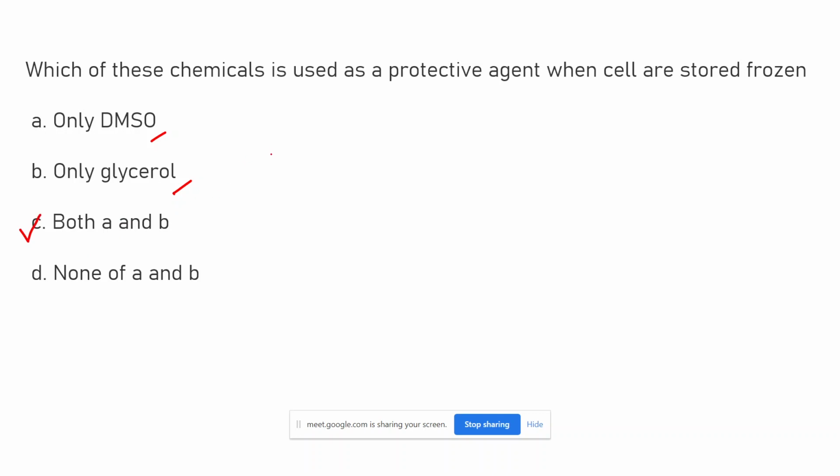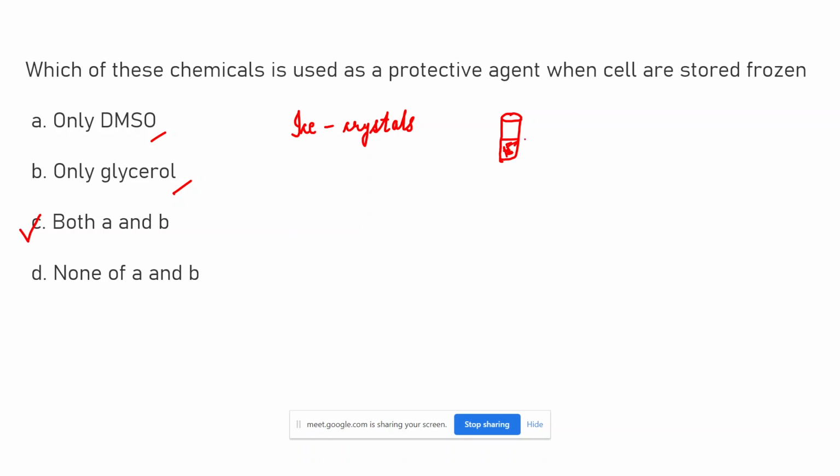Now for storing cells, whether bacterial cells or mammalian cells, DMSO and glycerol are used because they prevent the formation of ice crystals. You have your vial, stored at ultra low temperature, containing your cells, your media and everything.